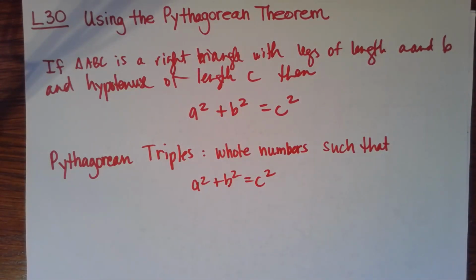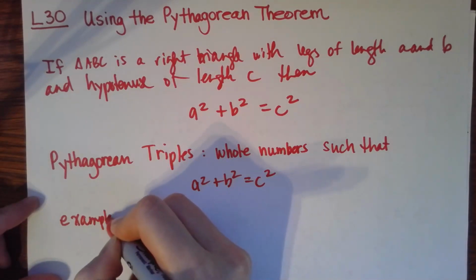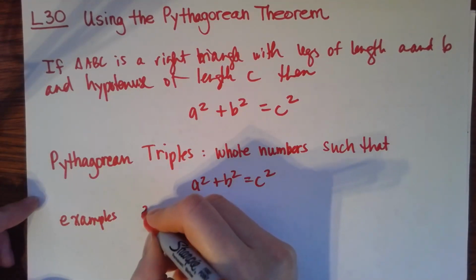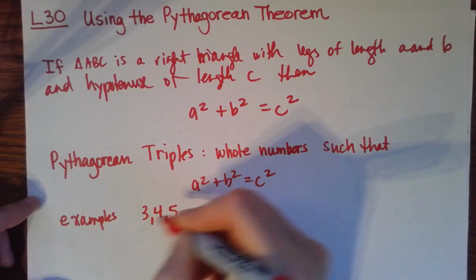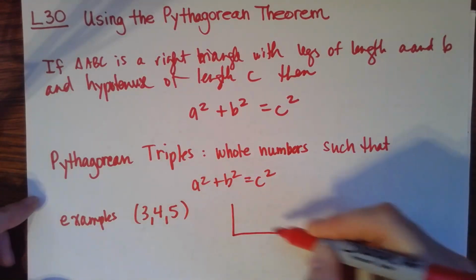Some classic examples: we probably all know that 3, 4, and 5 are an example of a Pythagorean triple.